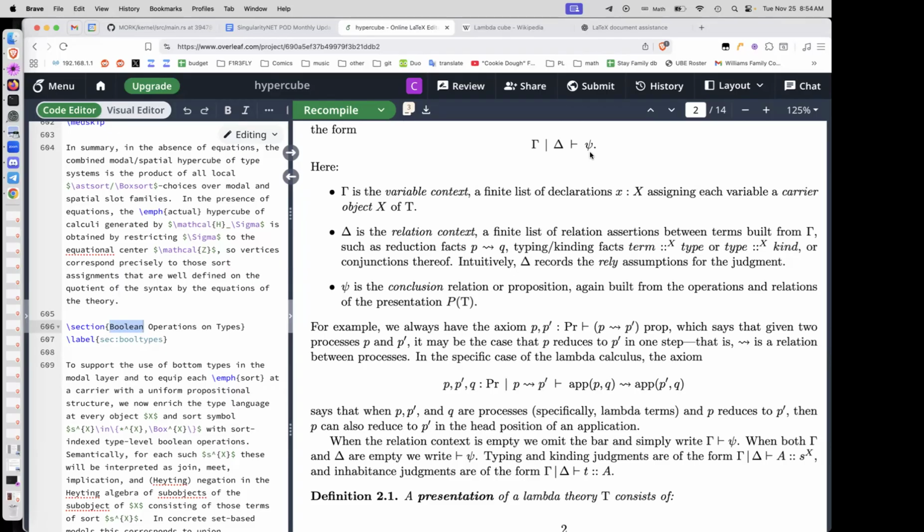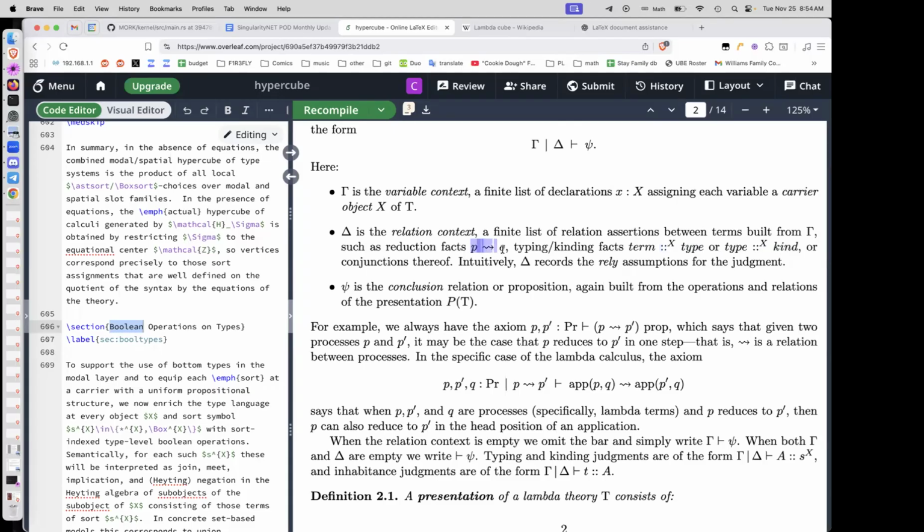Asserting equality and asserting typing and kinding judgments. Because I'm mixing category theory, which has its own use of colon, with this typing kinding relation, I've added double colon here as the relation on terms that is being added to the grammar.